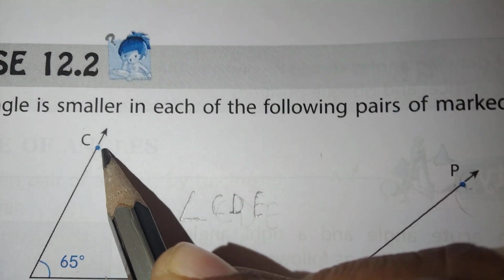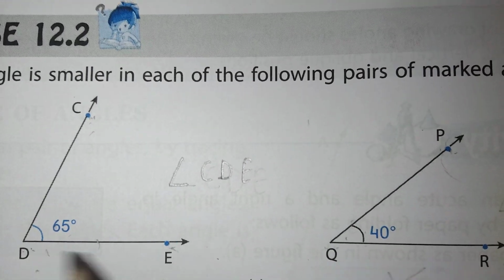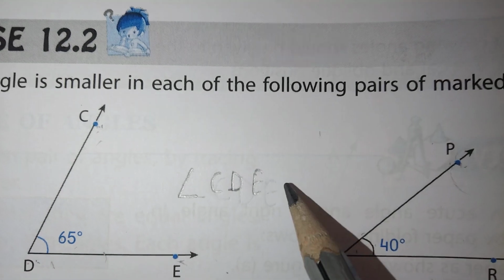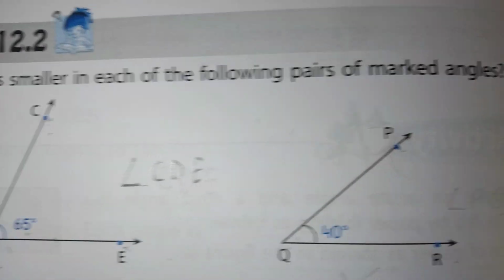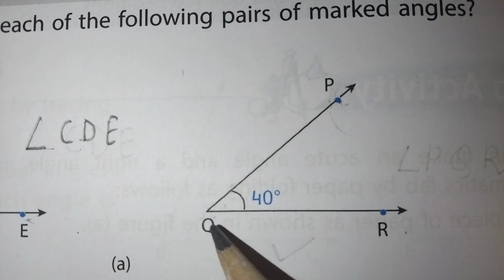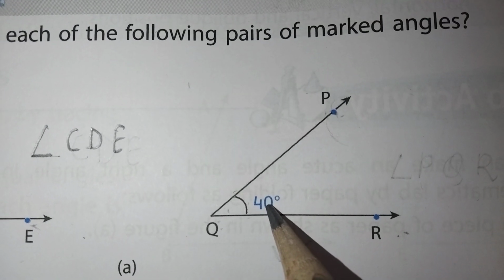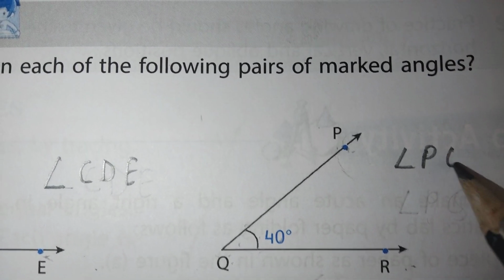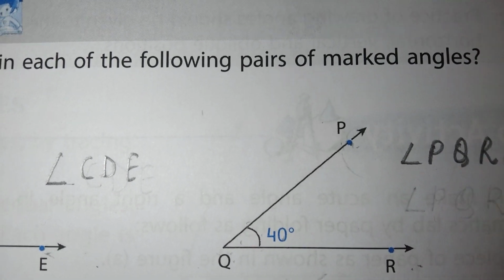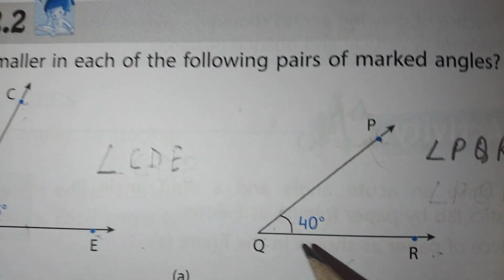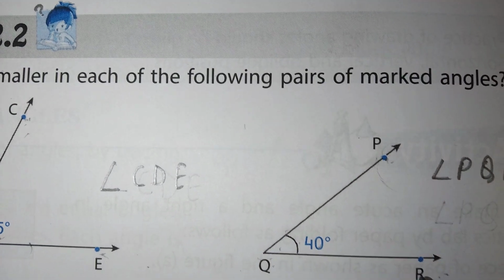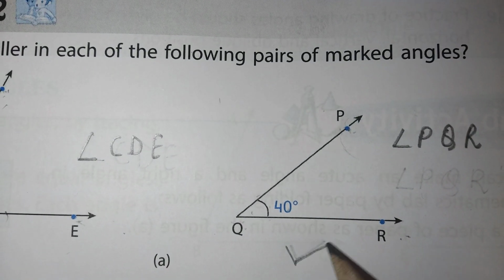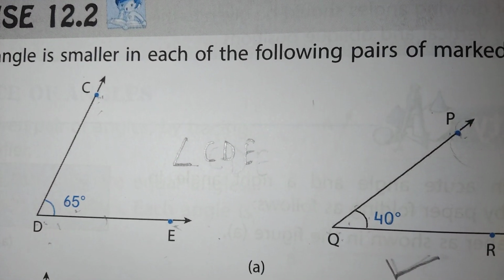Starting from here, angle CDE is 65 degree and angle PQR is 40 degree. So as you can see, angle PQR is smaller than angle CDE.